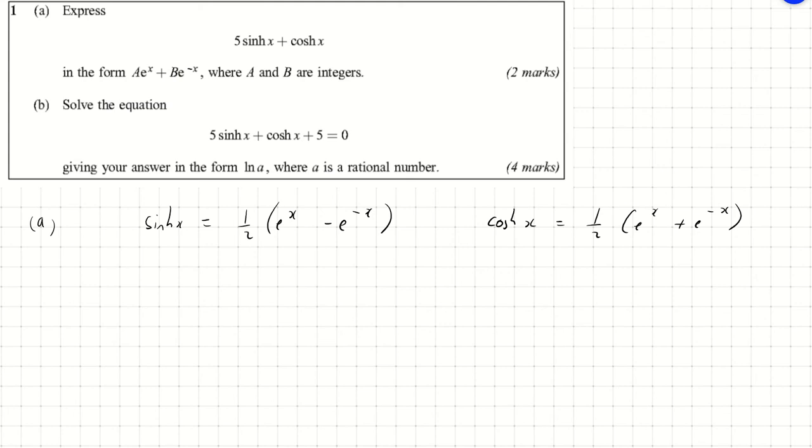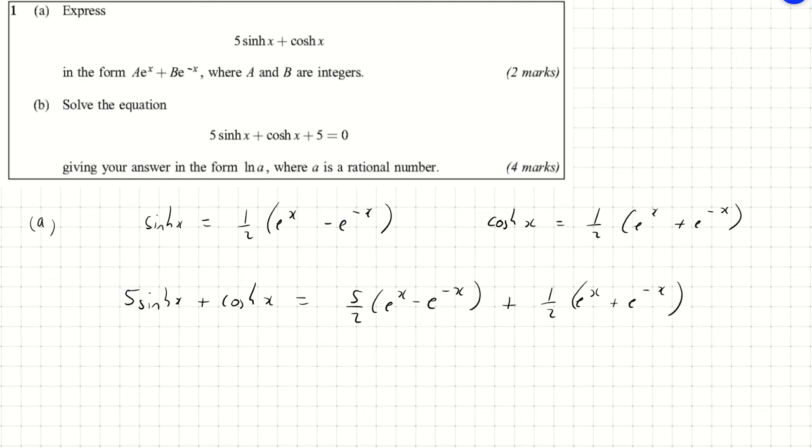So now in our equation we have 5 sinh x plus cosh x. Well, this is fairly straightforward. 5 sinh x plus cosh x is just 5 lots of the first one, so 5 over 2 e to the x minus e to the minus x plus cosh x, which is just half e to the x plus e to the minus x.